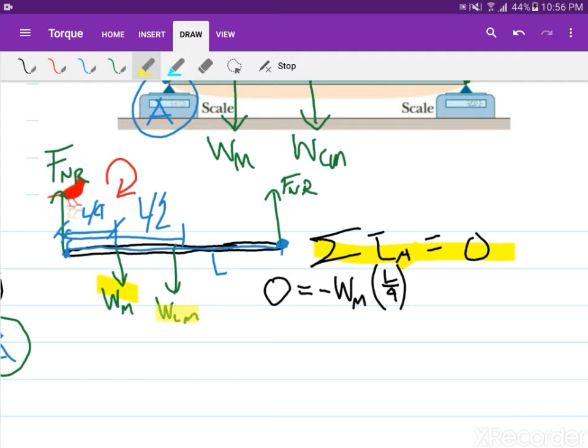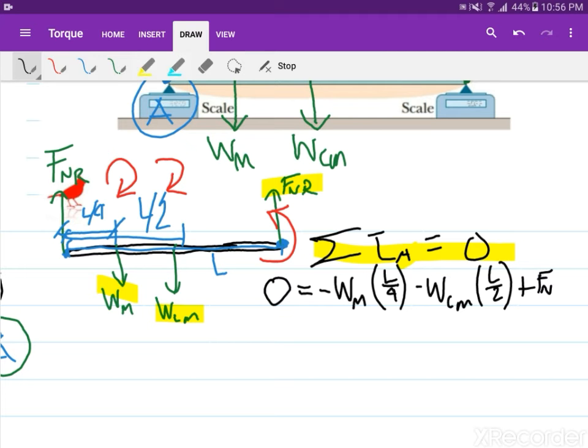Next, for the center of mass, we see that it also provides negative torque. So this is minus W sub cm times L over 2. Lastly, we have this force. This force provides a rotation in this direction, which is counterclockwise, so it will be positive.